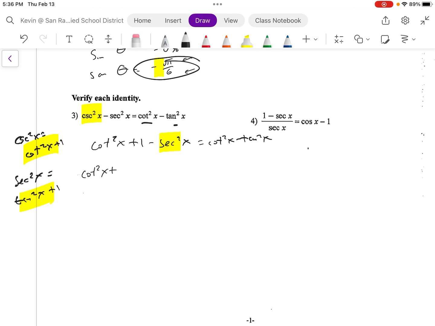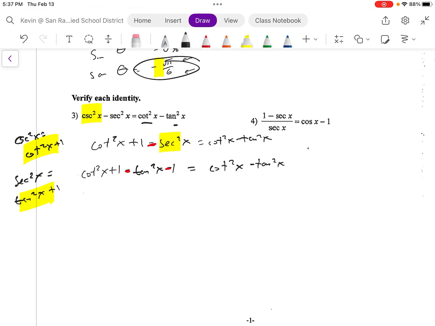So now I have cotangent squared x plus 1 minus tangent squared x minus 1, because I'm taking that negative and putting it into both of those terms. Hopefully you got that right, because this negative right here distributes through, so it's tangent, and it distributes through here.